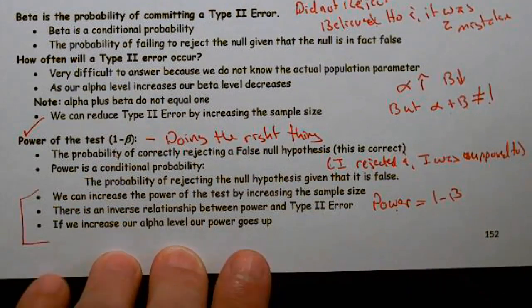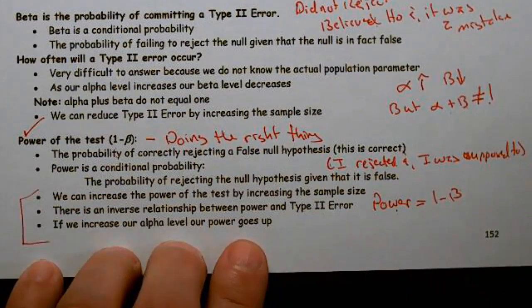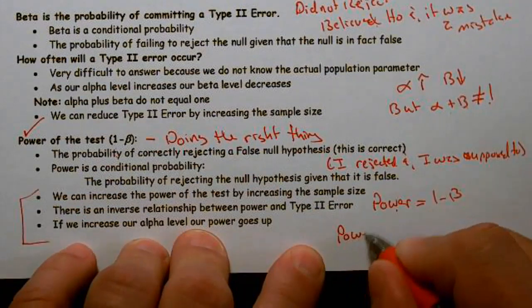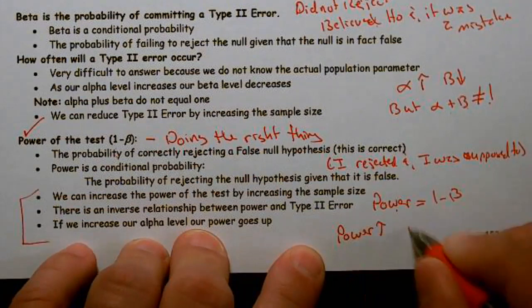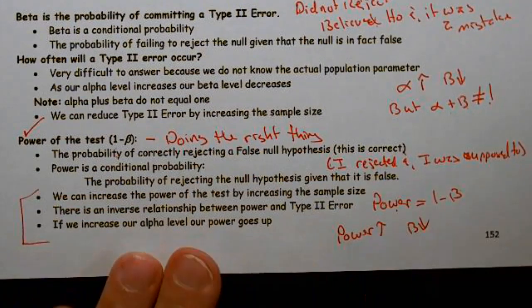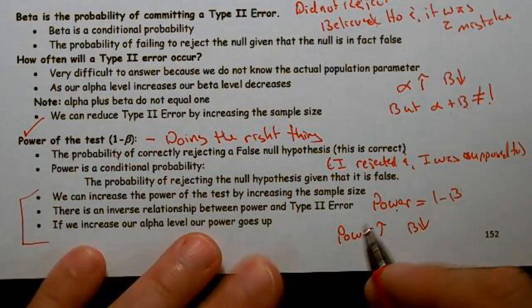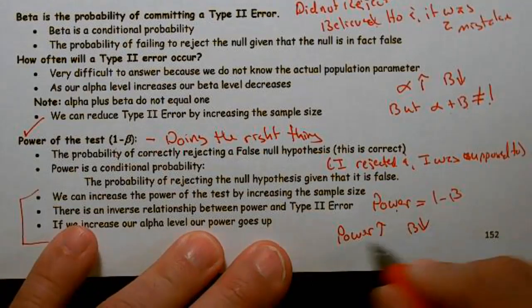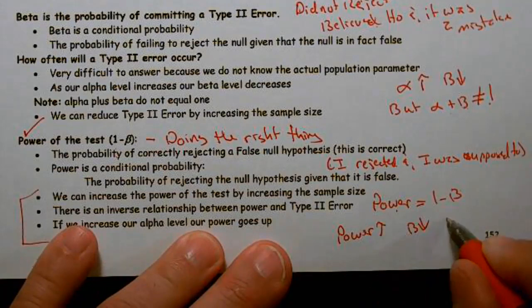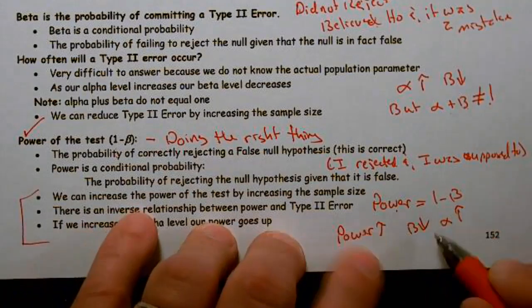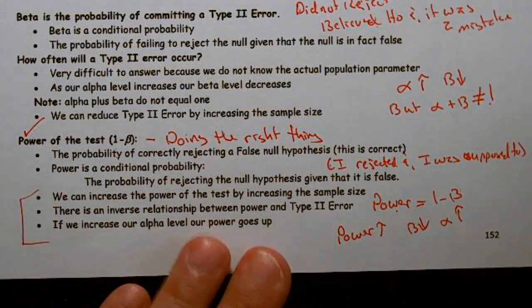And there's an inverse relationship between power and type 2 error. So once again, power up, beta down, and vice versa. Okay. Also, that also means if power is going up, beta going down, that means alpha is going up. So power and alpha move together, beta moves the opposite direction.